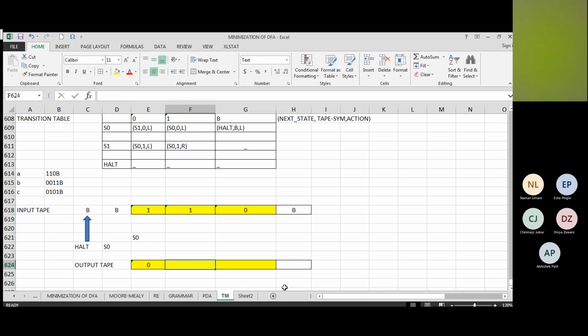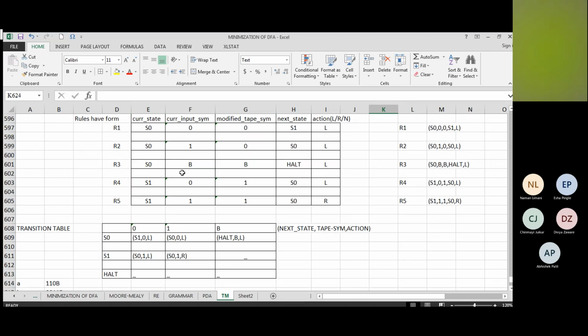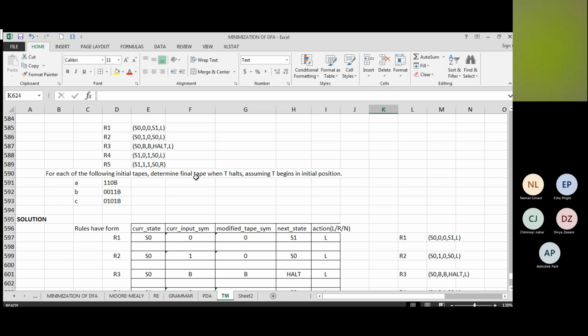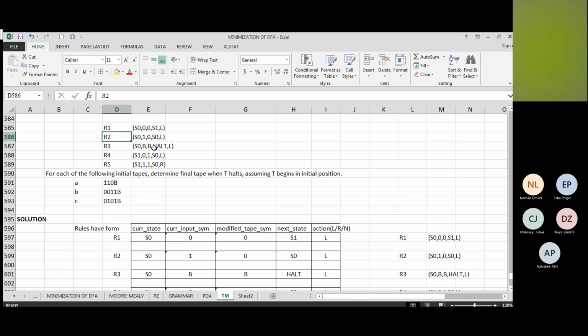So tape will be likewise. So this is what you get when you process 110 using these rules. I hope this is understood. We are using R2.